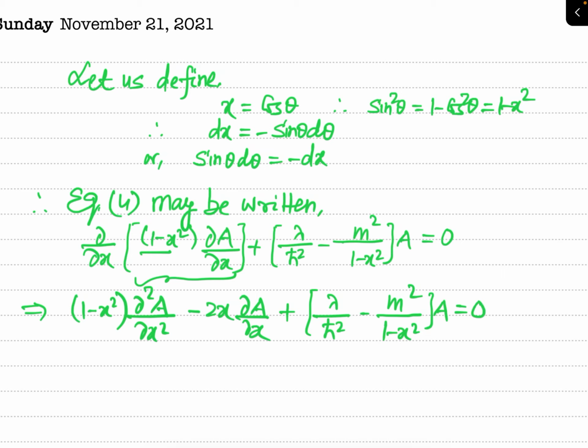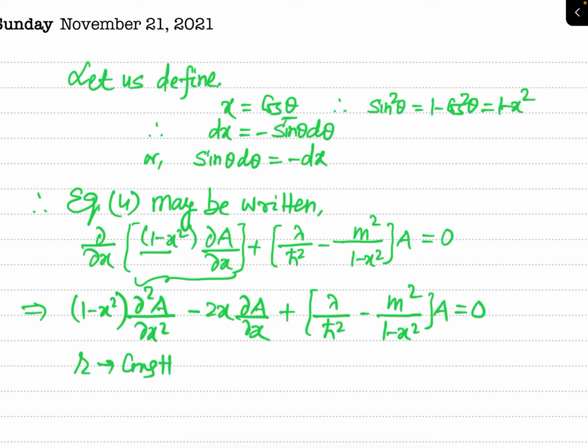Now, as you know, for the purpose of differentiation and integration, r is treated as a constant, because we have seen that a is a function of r and theta, but here the differentiation is with respect to x, and x depends only on theta, not on r.